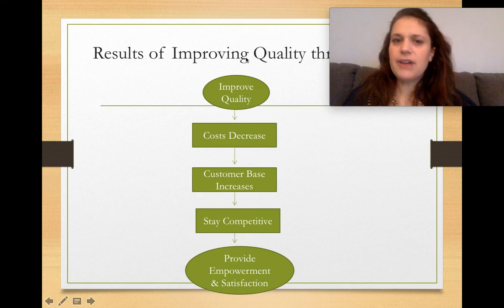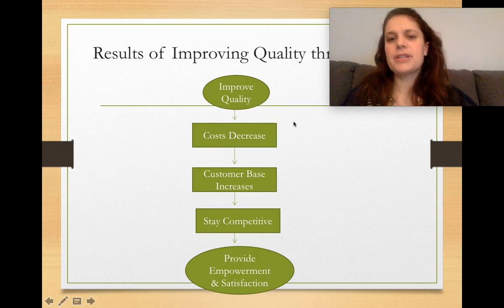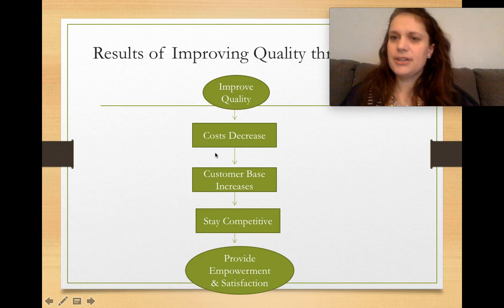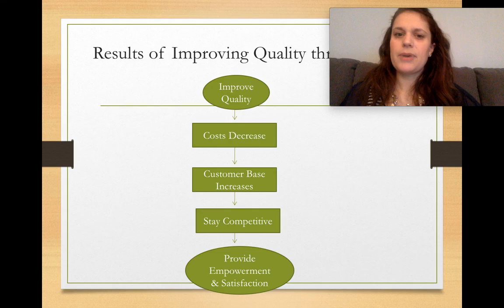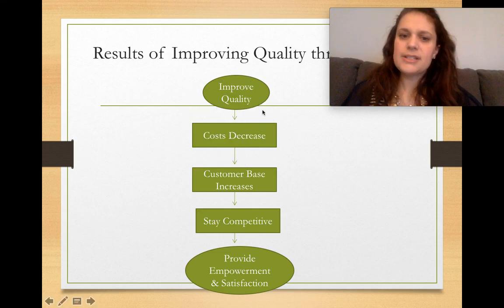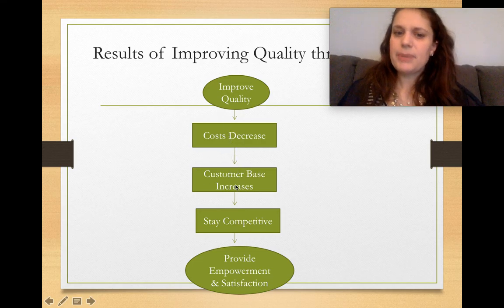So this is just a graph that shows how this works for the total quality management system. The beginning step is improving quality. When we improve quality, costs decrease. If you remember, I asked you to think about this in particular. How do costs decrease by improving quality instead of increase? Once these costs decrease, your customer base then increases because of the improved quality.